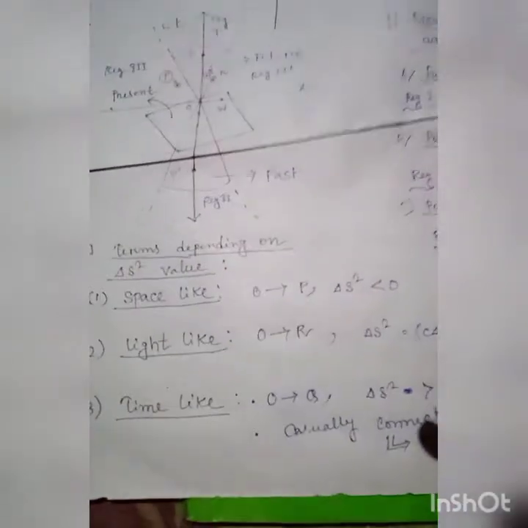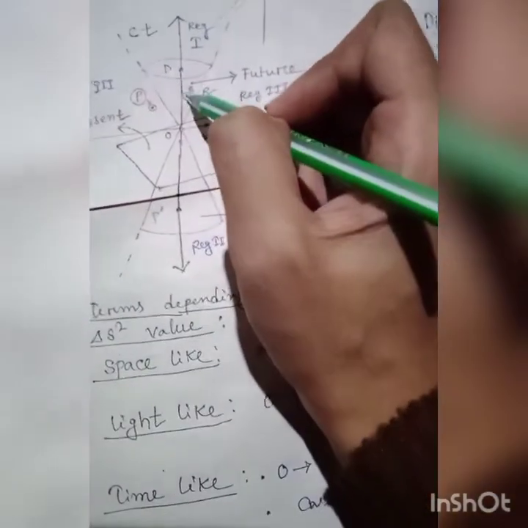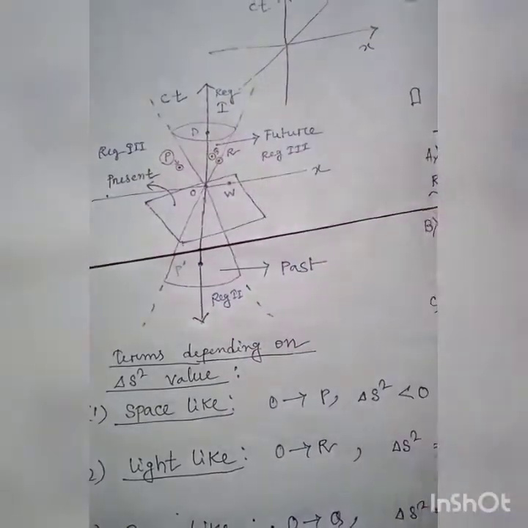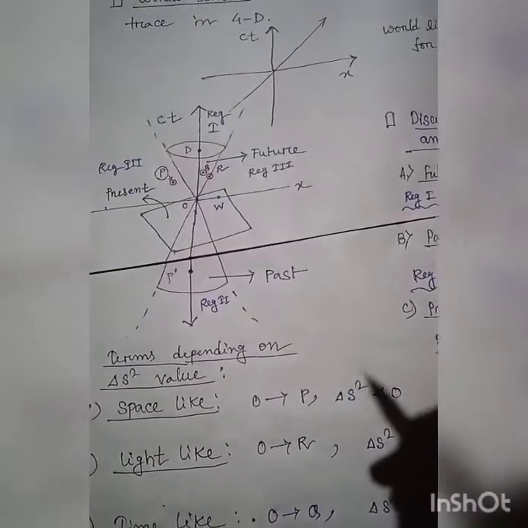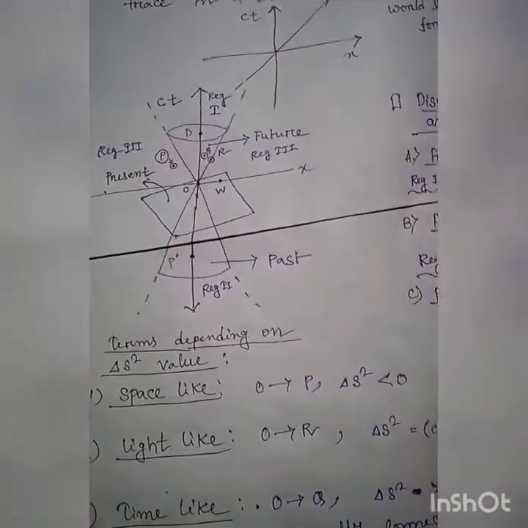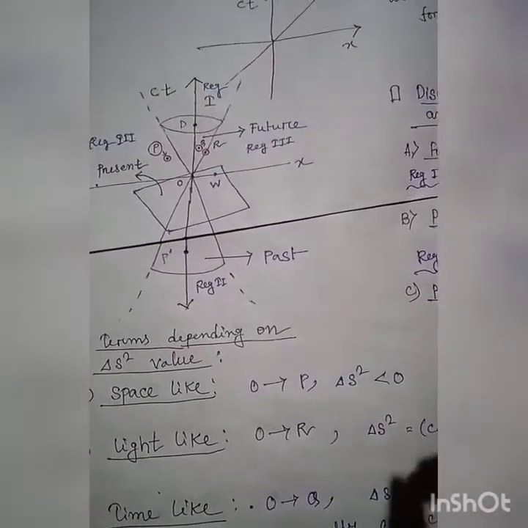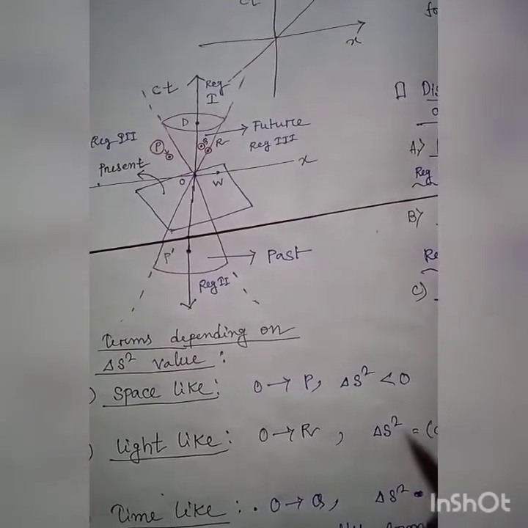Now we will discuss what time-like is. Similarly, we will go from the O point to the Q point. Q point is shown here. If you look, in this region the slope is greater than that of a photon, so it clearly means that here the time interval is dominant over the spatial interval.